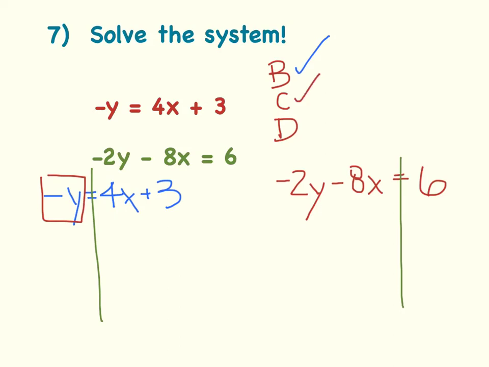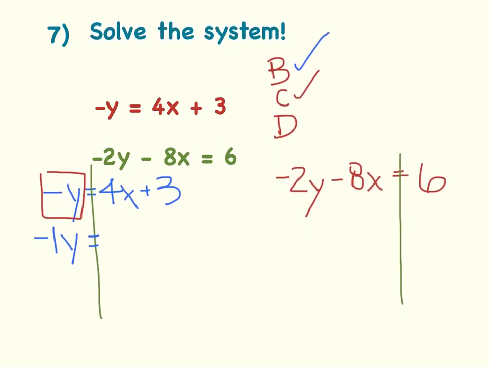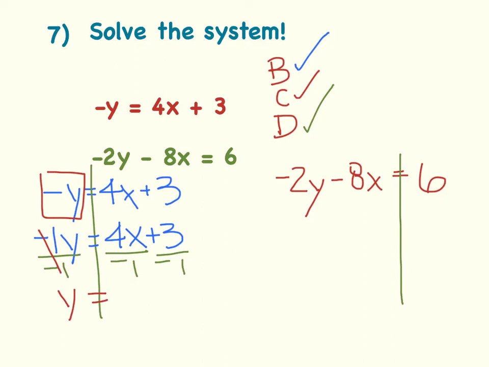So I'm just going to bring down a negative 1y equals 4x plus 3. The next step, D, stands for divide by the number inside the box, which is negative 1. So I'm going to divide everything by negative 1, and we end up with y equals negative 4x minus 3. So there's our first equation.